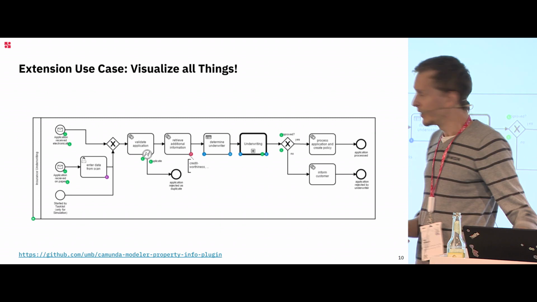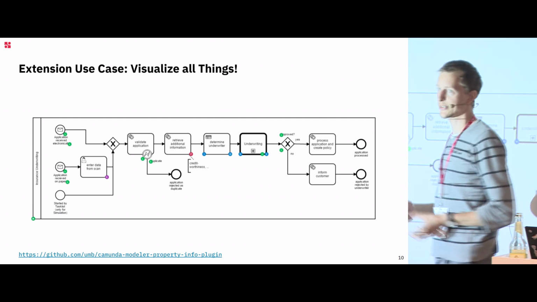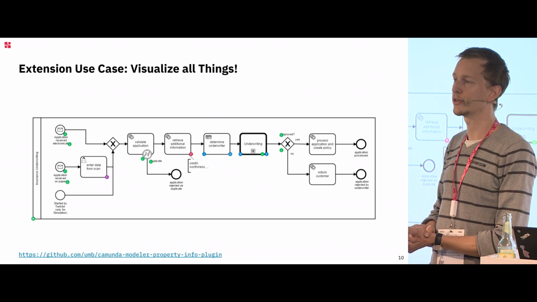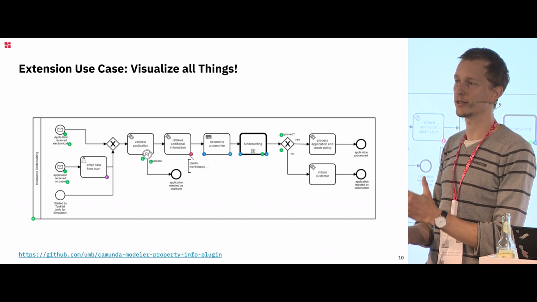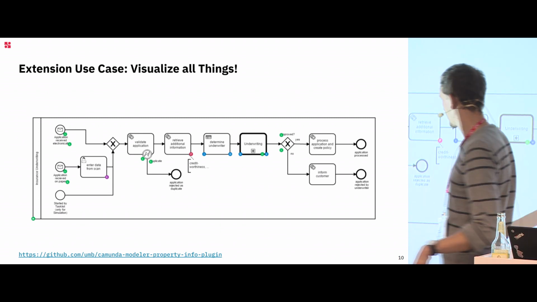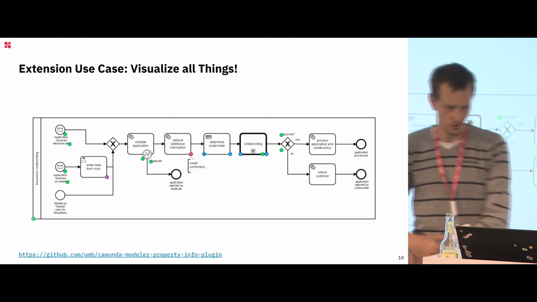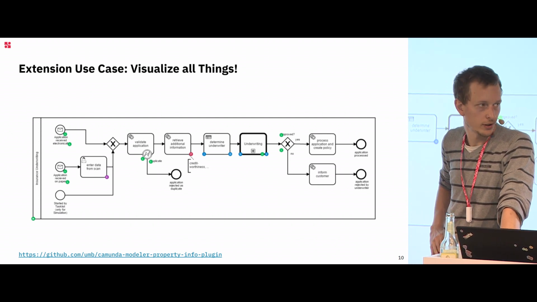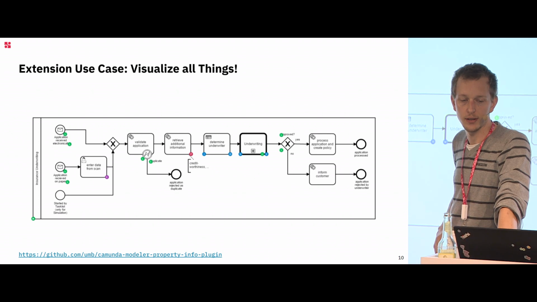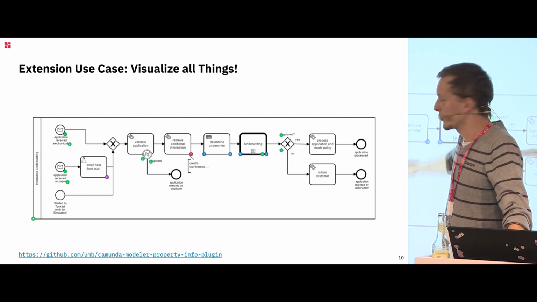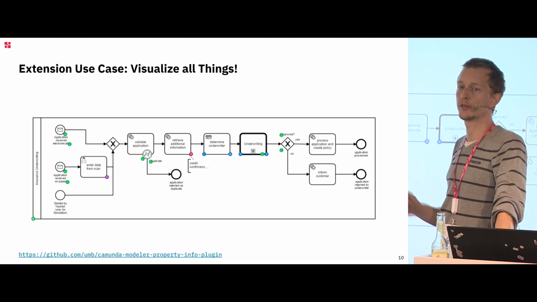Now we get to some extension examples that currently exist. How do people already use the extension mechanism, the plugin mechanism, in the Camunda Modeler? One example, and I show it because I guess it's the most famous and most widely installed one, is from UMB, a partner of ours. They've created a property info plugin. The idea is that execution details should be visible on the diagram.